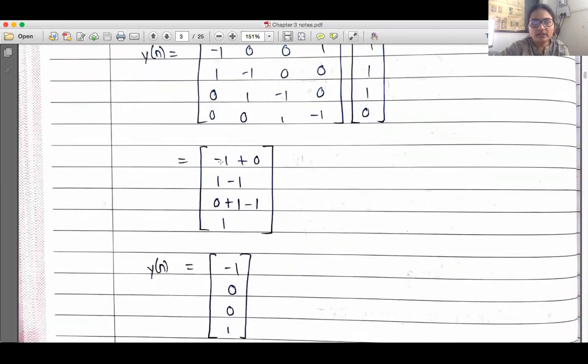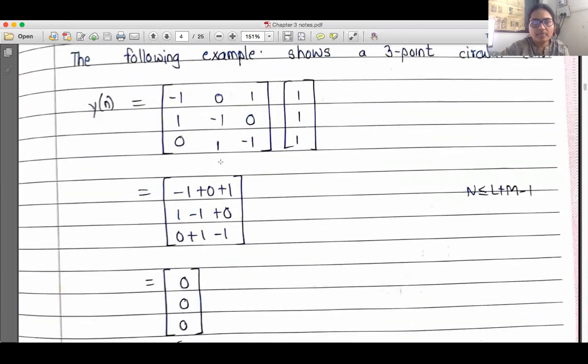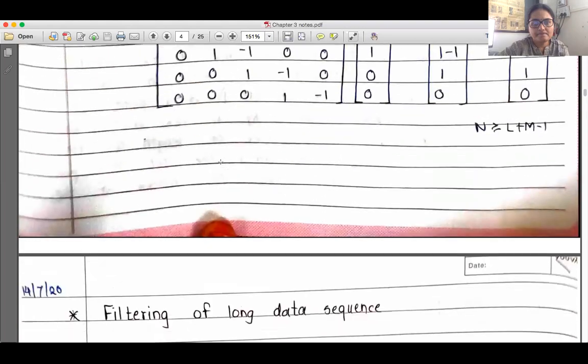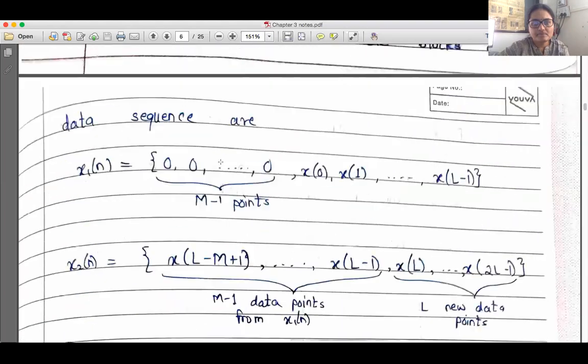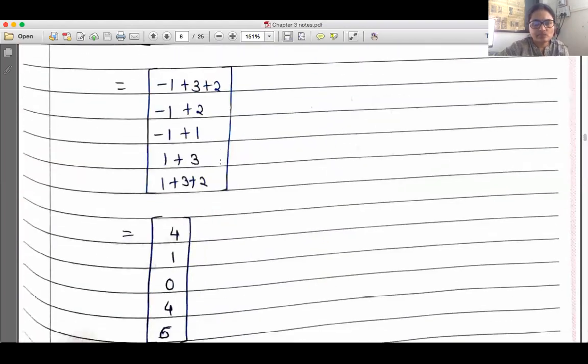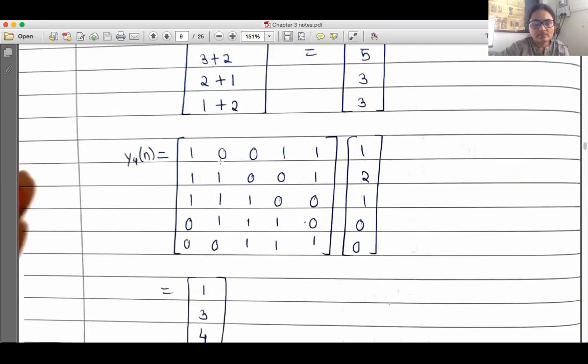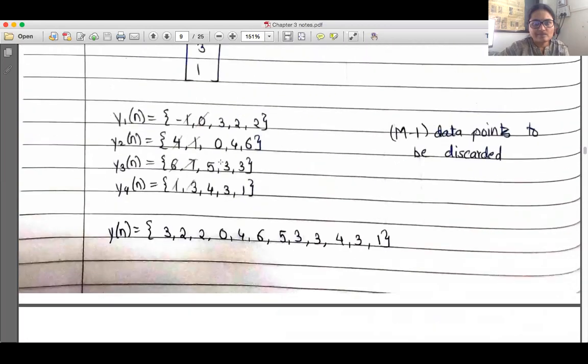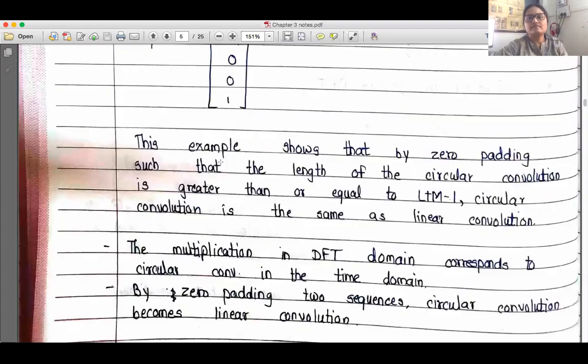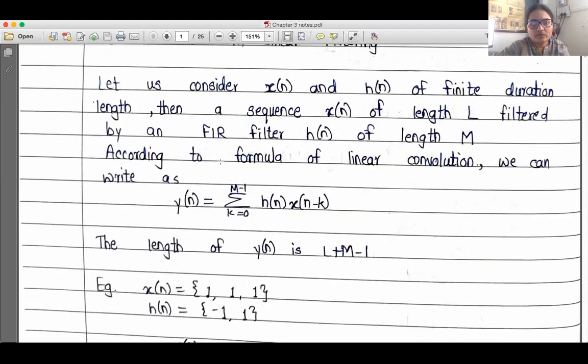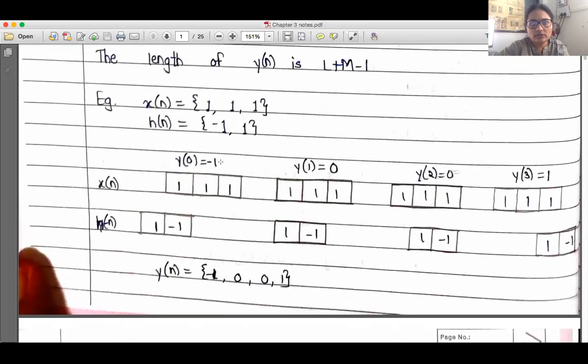You can perform linear convolution by using, okay. So how do you find out the linear convolution of this sequence?